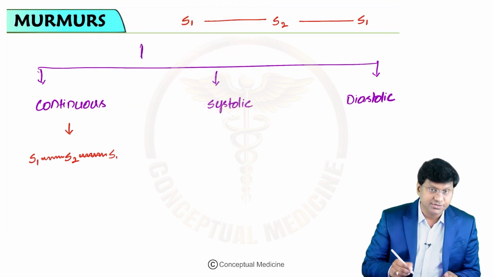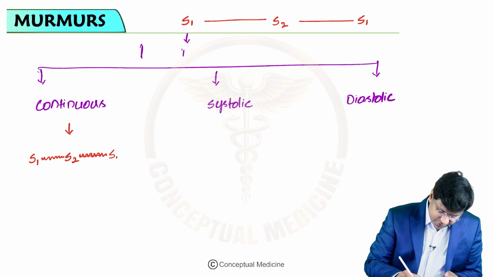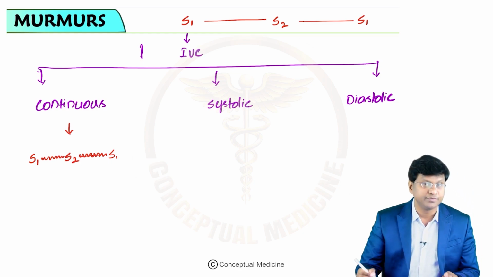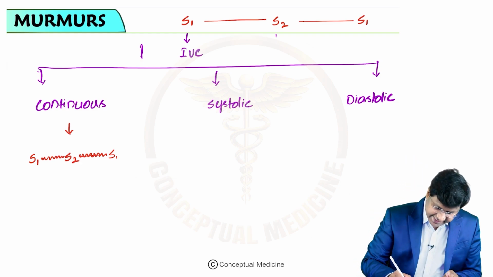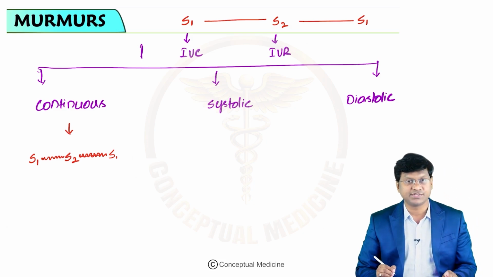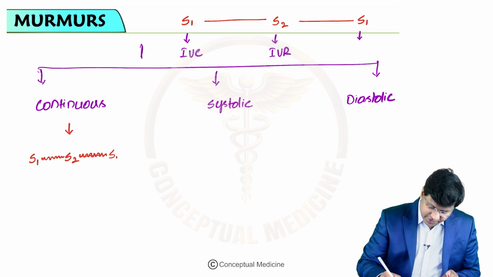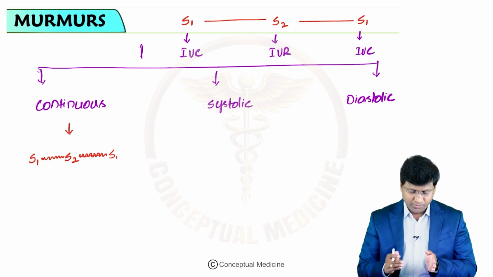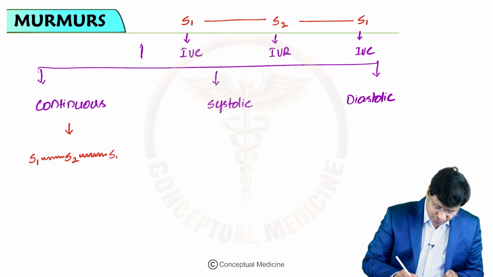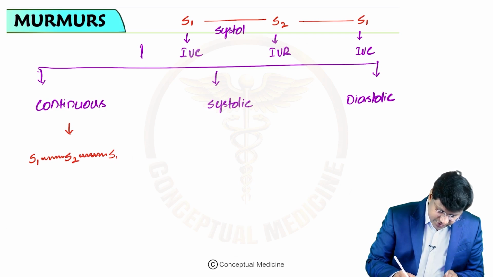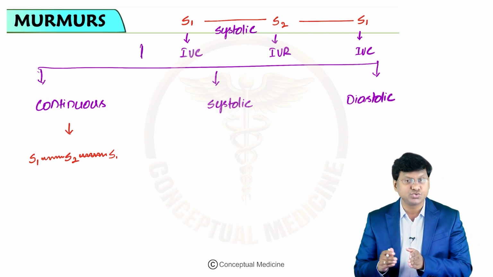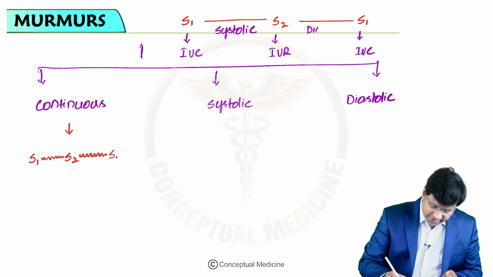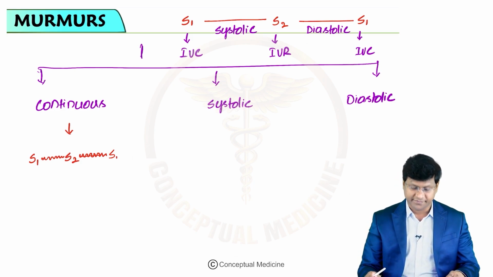The first heart sound occurs during the isovolumetric contraction phase. The second heart sound occurs during the isovolumetric relaxation phase, and again S1 during isovolumetric contraction. So between S1 and S2 is called the systolic phase. Between S2 and S1 is called the diastolic phase.